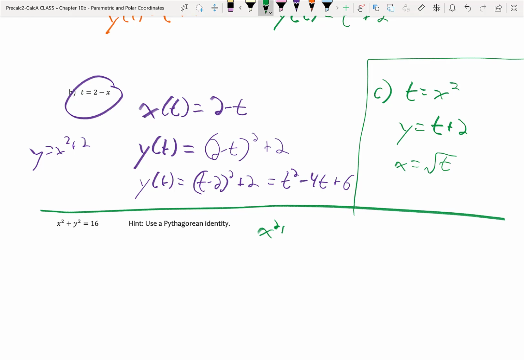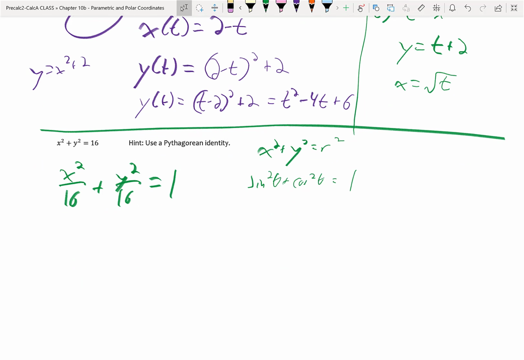Yeah, x squared plus y squared equals r squared, which in this case is also sine squared plus cosine squared is equal to 1. So let's make this equal to 1. X squared over 16 plus y squared over 16 is equal to 1. X over 4 quantity squared plus y over 4 quantity squared is equal to 1.